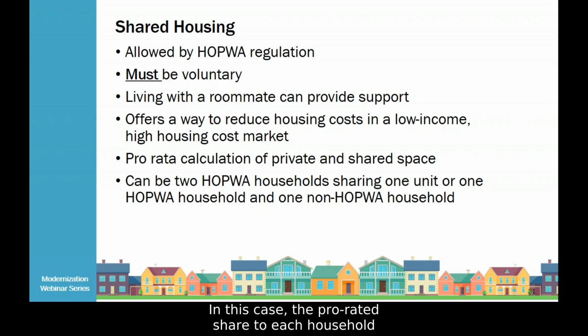In this case, the prorated share to each household would be $500, which you can see as a way to save money, because instead of $750 times 2, you're paying the $1,000.